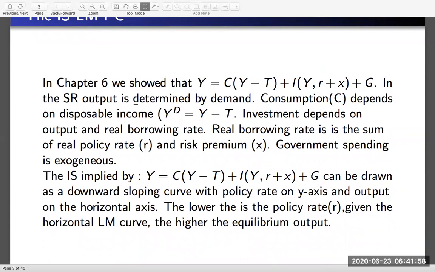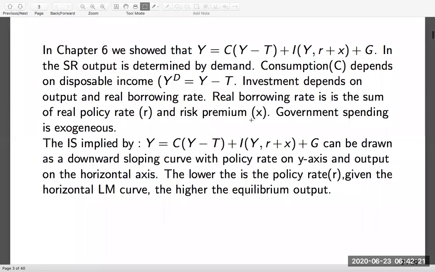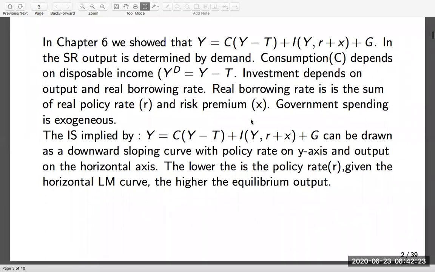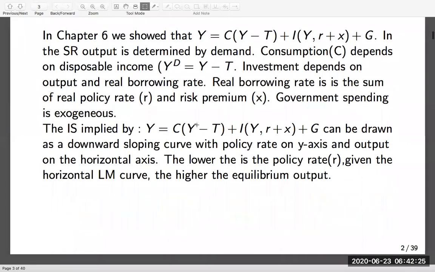So in the short run, output is determined by demand; consumption depends on disposable income, and investment depends on output and the real borrowing rate, where the real borrowing rate is merely your policy rate, which is the real interest rate plus the risk premium. Government spending we're still assuming to be exogenous in this scenario, so the equation should look like this, right?